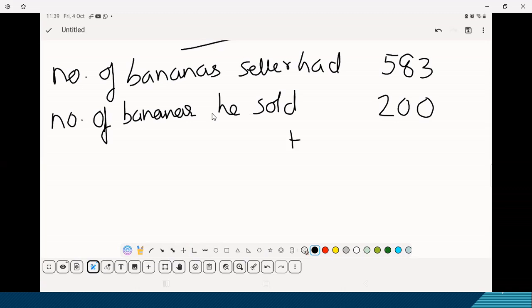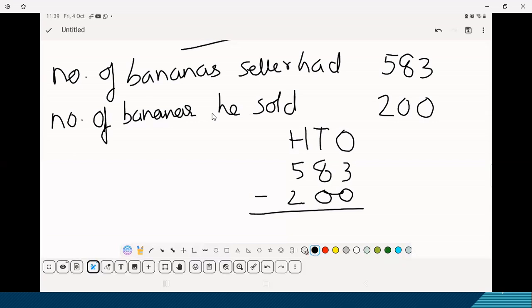Simply we have to write the number in HTO pattern. So 583, and this is going to be minus 200. Always remember we have to subtract the smaller number from the larger number. So 3 minus 0 is the same number 3, 8 minus 0 is the same number 8, and 5 minus 2. So simply we have to count after 2 till the 5.